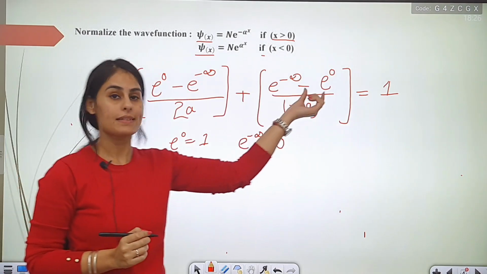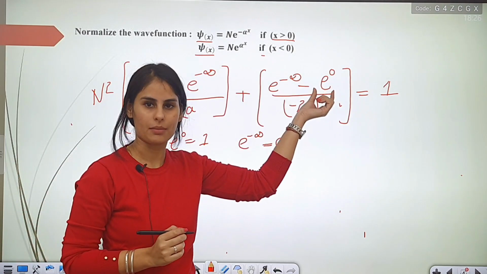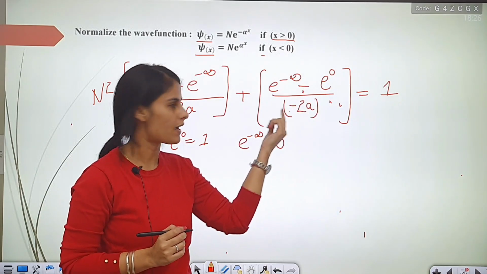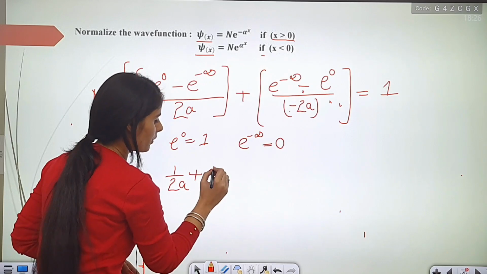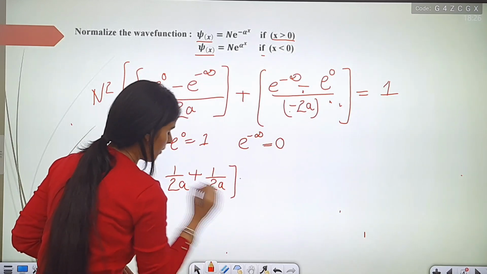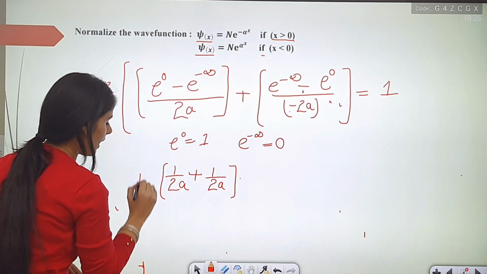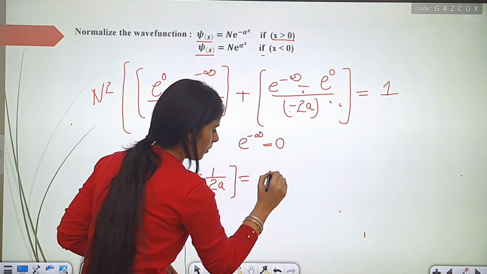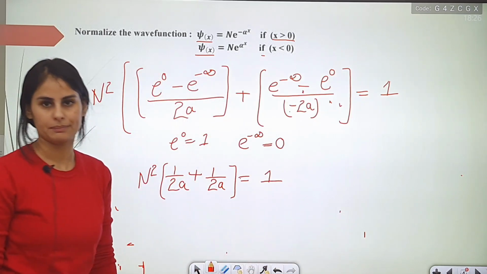Here it is e raised to power minus 0, that means 1. Here it is a sign of minus and here it is a sign of minus. So, it's going to be 1 upon 2a of the sign positive, in n square equals to 1.